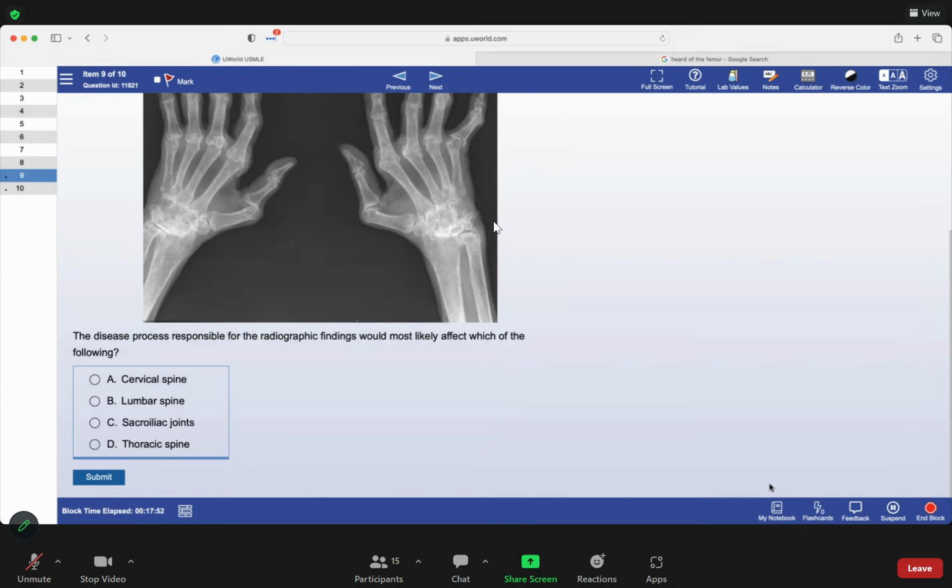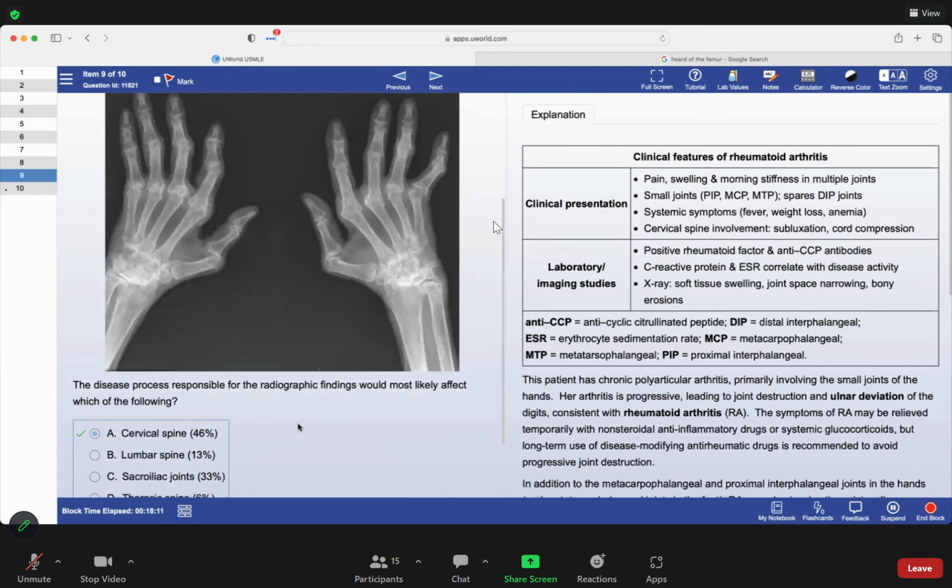Towards your body. This is radius. On the side of the pinky. Yeah, this is the ulnar side, not the ulnar bone, the one here. So rheumatoid arthritis is associated with cervical spine subluxation. We talked about it, right? Okay. So that's that.